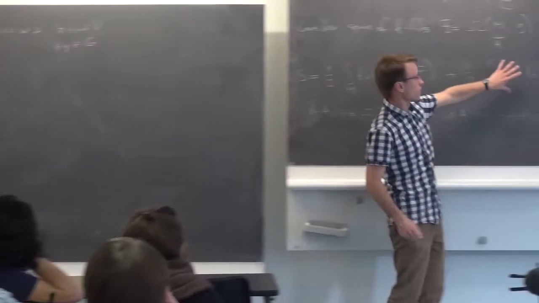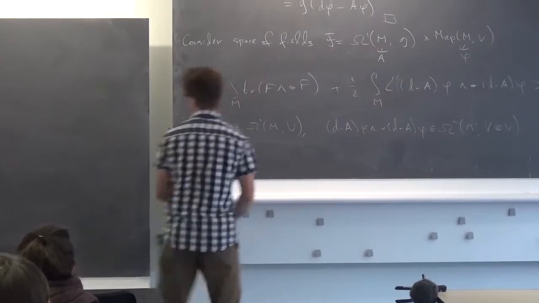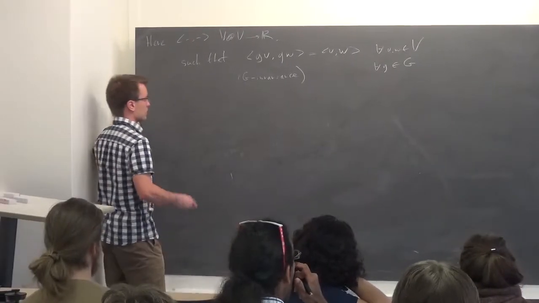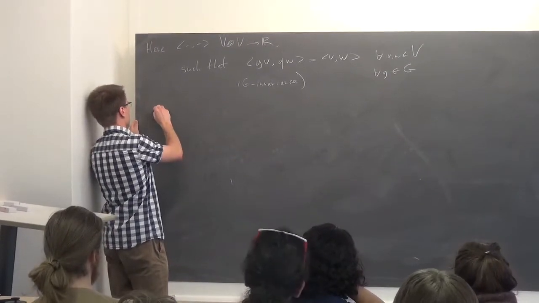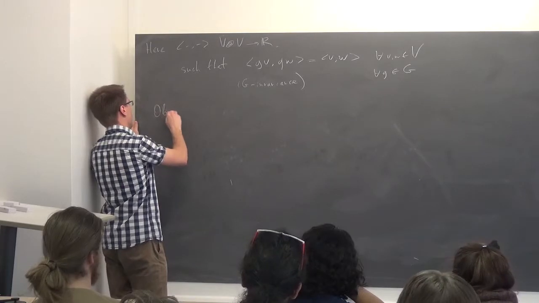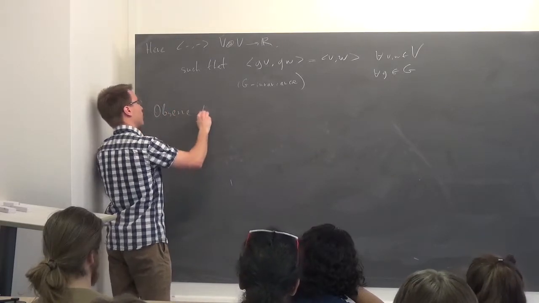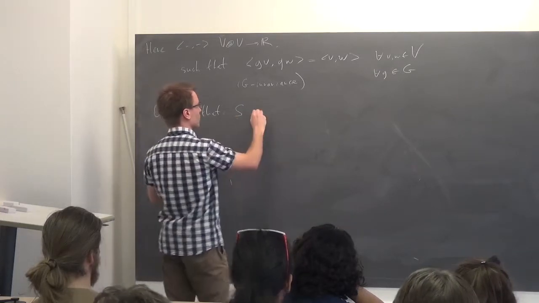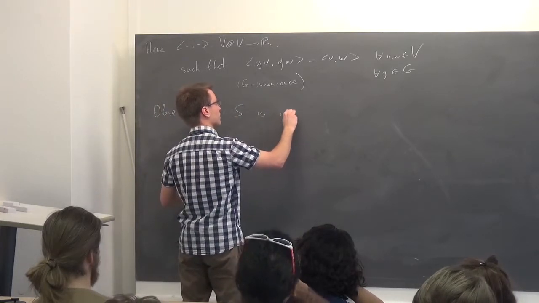So this expression makes sense. It defines some action functional. And using this G invariance of the pairing, it's easy to see that the action is invariant under the gauge transformations.